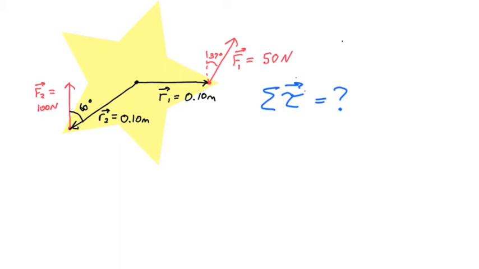So if I want to find the net torque, it's just going to be the torque for each individual force added together. So the net torque is going to be torque 1 plus torque 2.